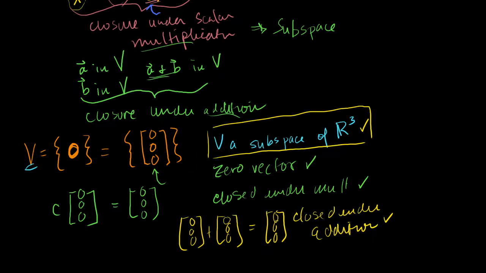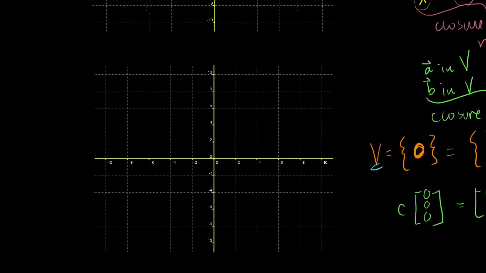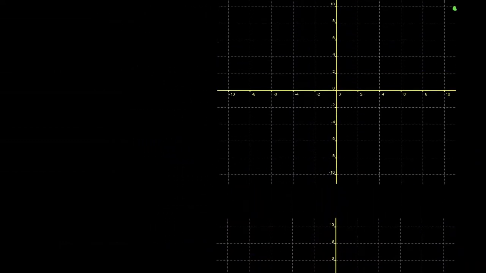Now let me do one where maybe the idea will be a little clearer if I show you an example of something that is not a subspace. So let me get my coordinate axes over here. So let's say I were to define some subset. I don't know whether it's a subspace.